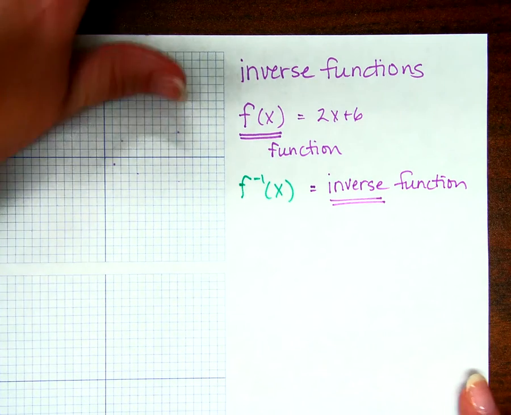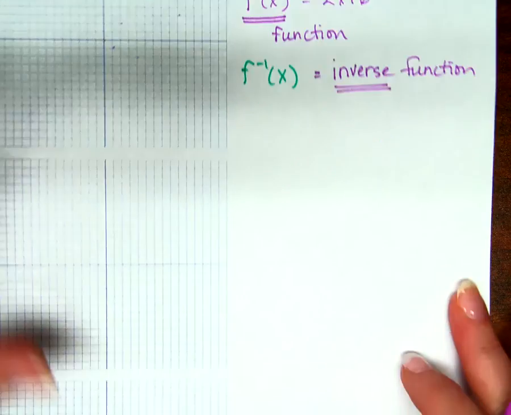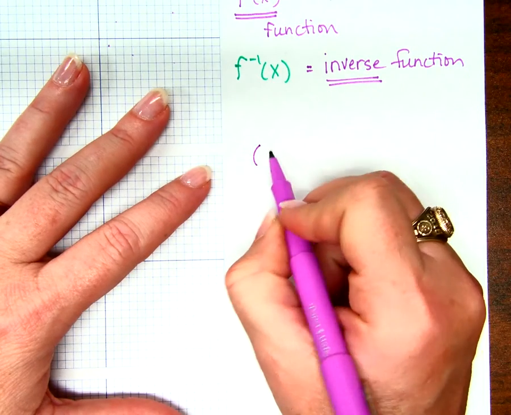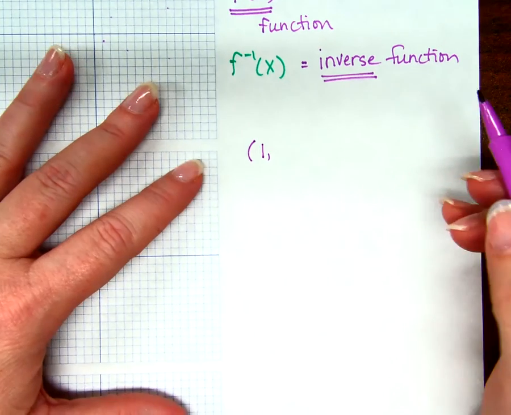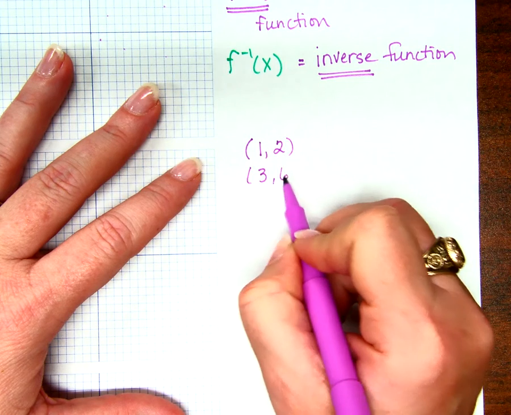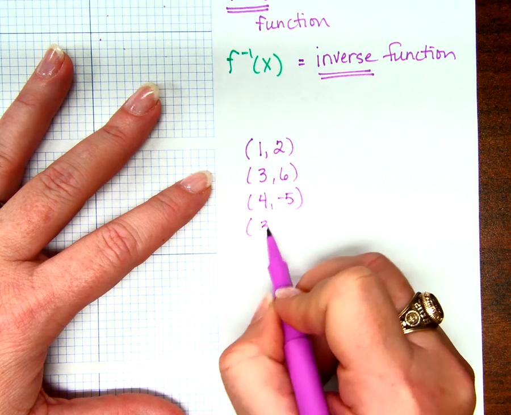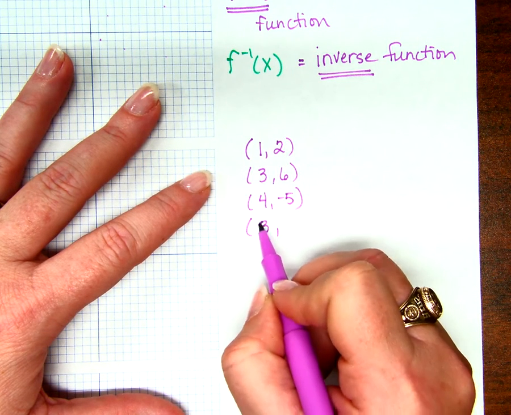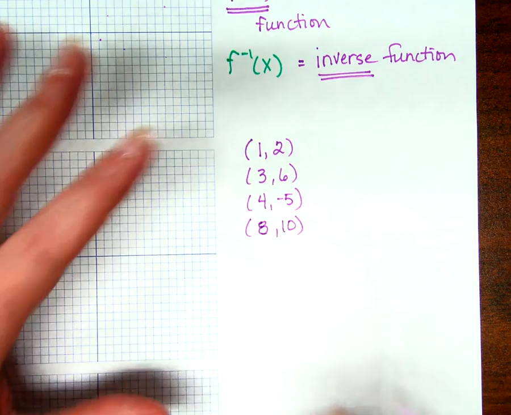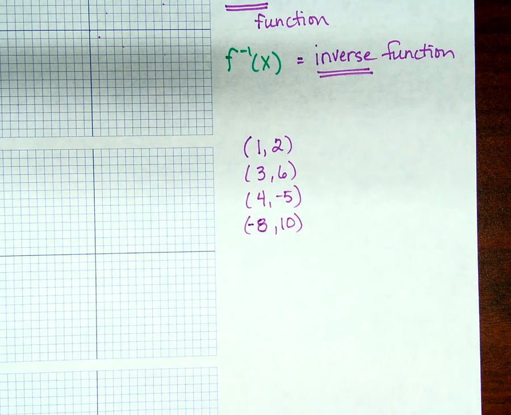Now let's get down to the down and dirty stuff of actually finding an inverse function. Okay? First of all, let's start. Can we start easy? Is that all right? Points: 1, 2; 6, 4; negative 5, 8; 10, negative 8.